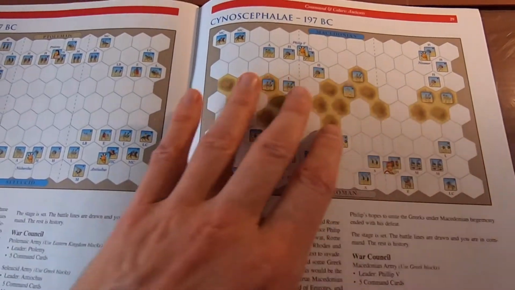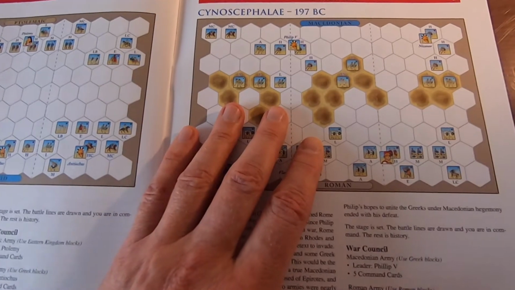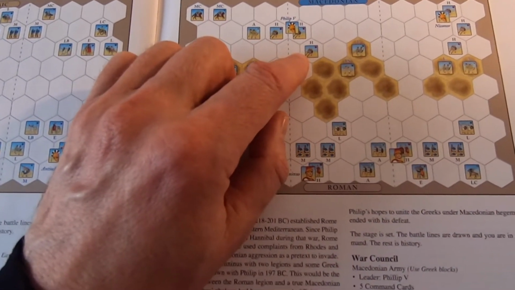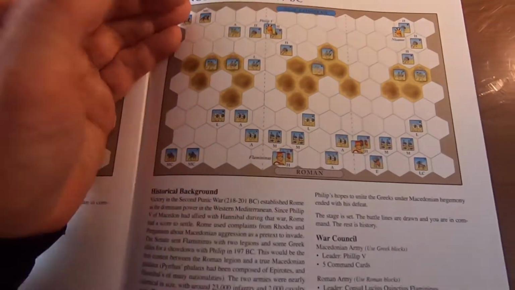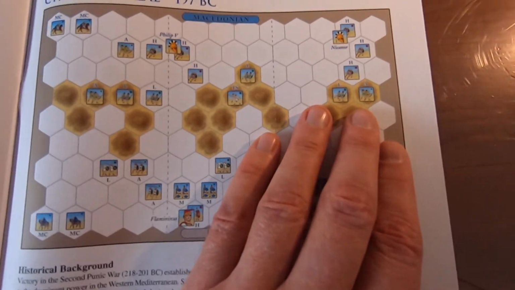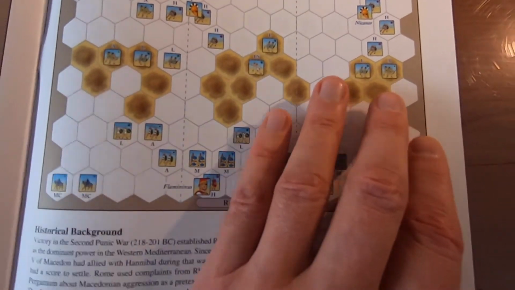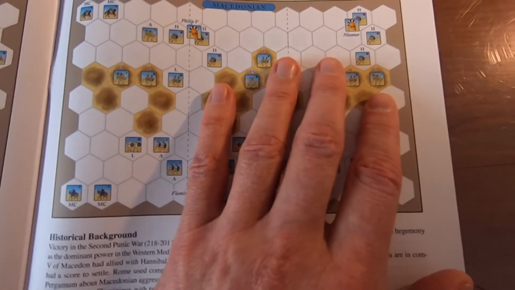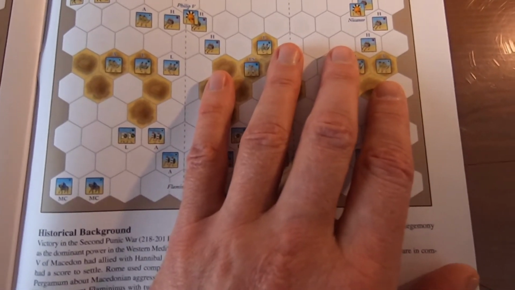For instance, it's pretty rough ground here, which is very difficult for maneuver of the heavy phalanxes. The other thing is that the second corps of the Macedonians were really not formed up for battle when it took place, so they were surprised here and didn't have the time to form up properly.